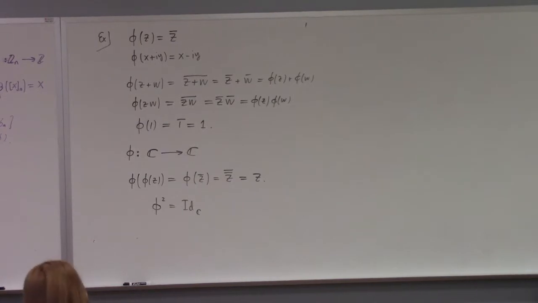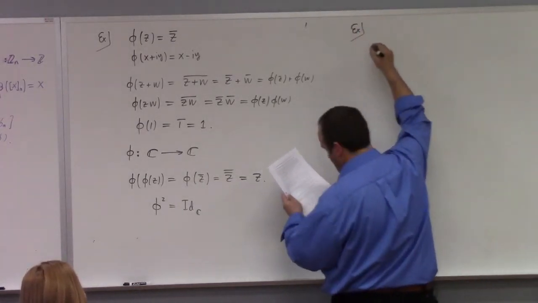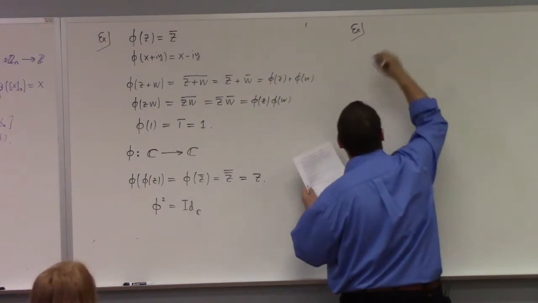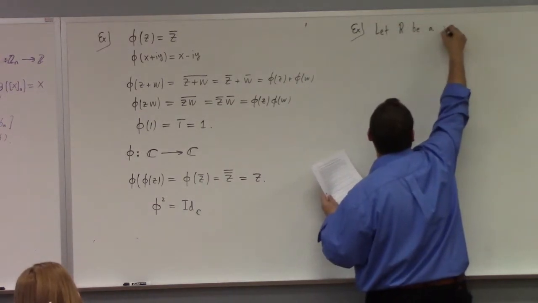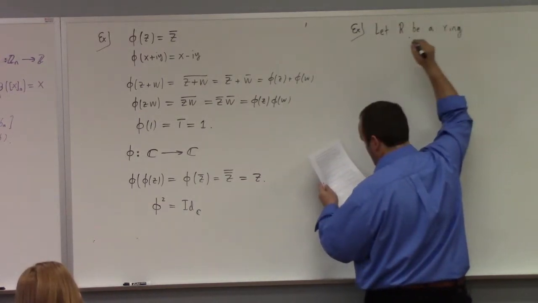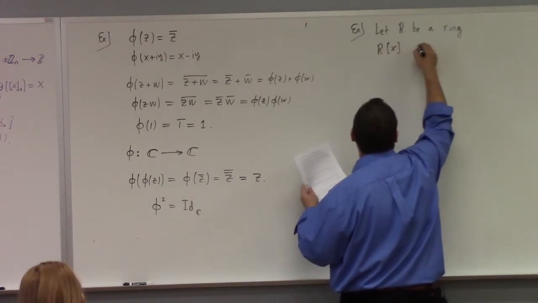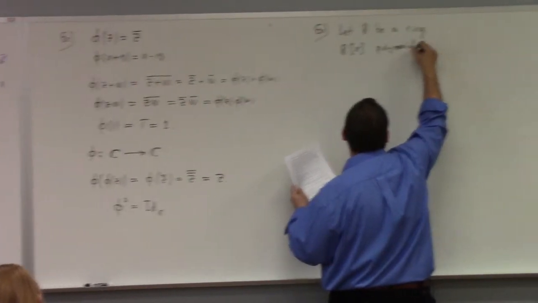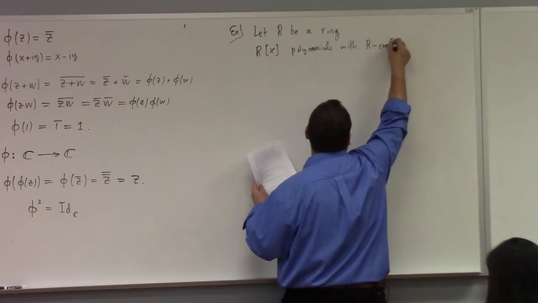Okay. A third example is actually really important and quite abstract. So let R be a ring. And R[x] the polynomials over the ring, right? Polynomials with R coefficients, as usual. All right.